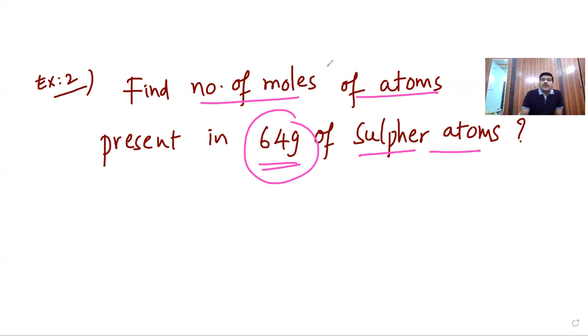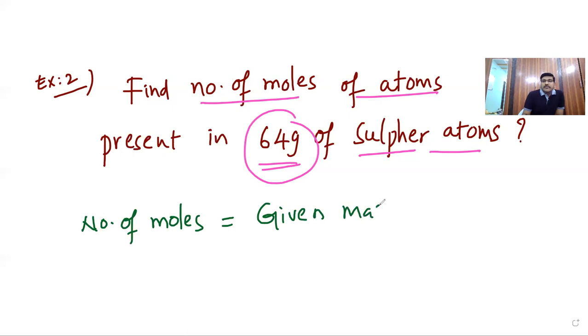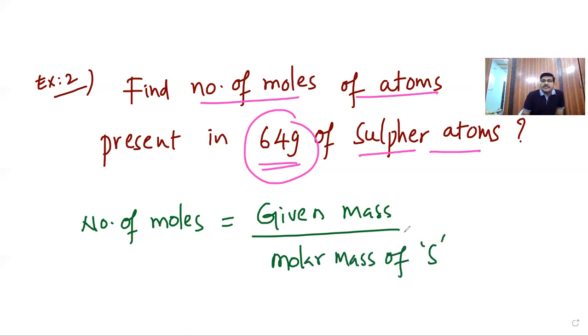Clear? Now, apply the formula. Direct attack formula: number of moles is equal to given mass by molar mass of sulfur atom, or simply gram atomic mass. Given mass is 64 grams.